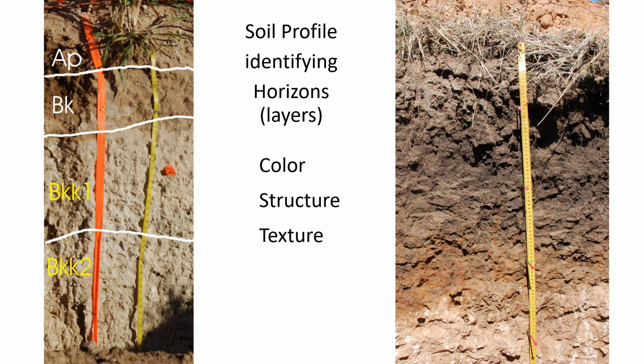And then from there, we'll dig around and then we'll start touching it to see if we can find differences in texture. We'll use the texture by feel in the field, maybe do some more extensive lab work when you get back into the lab.